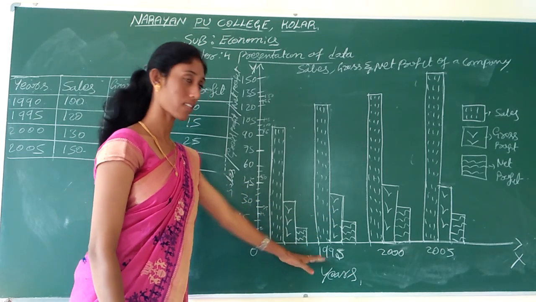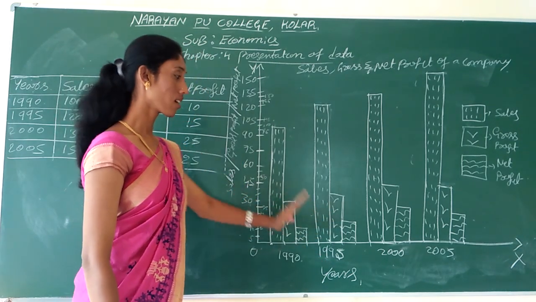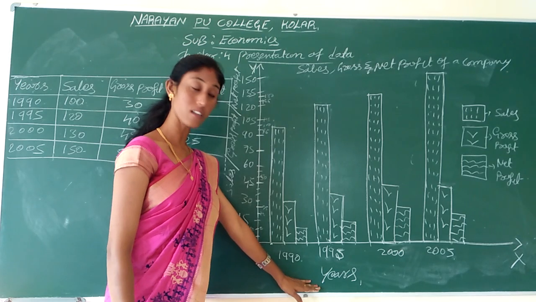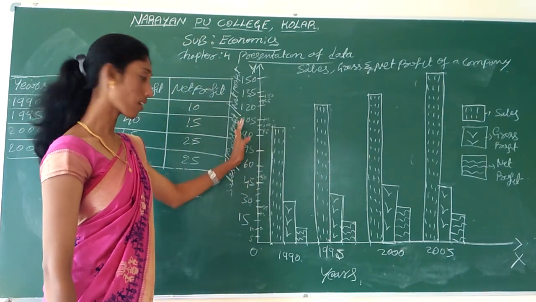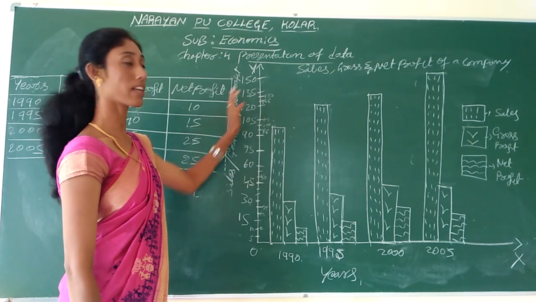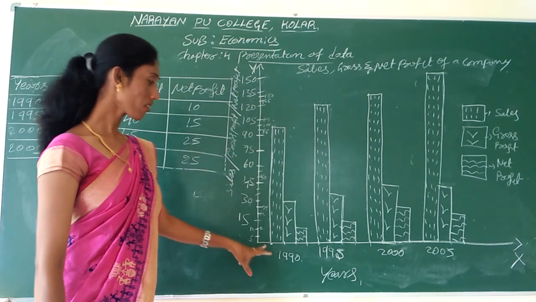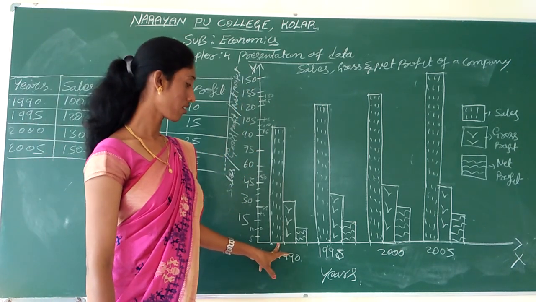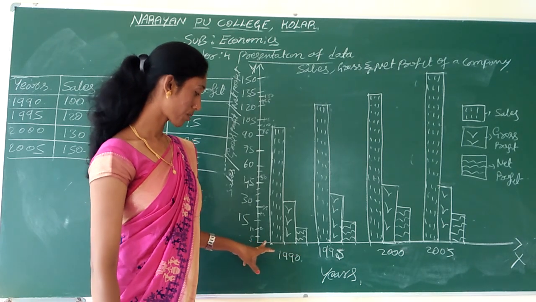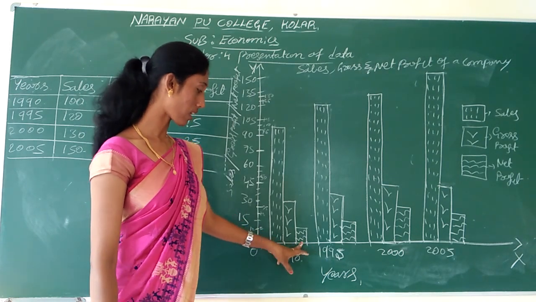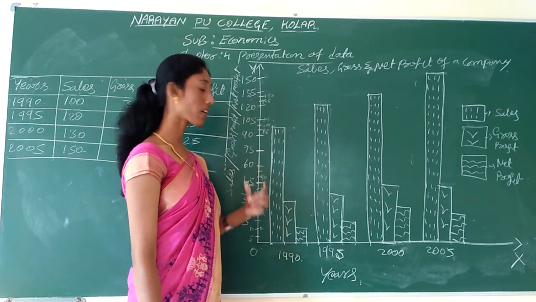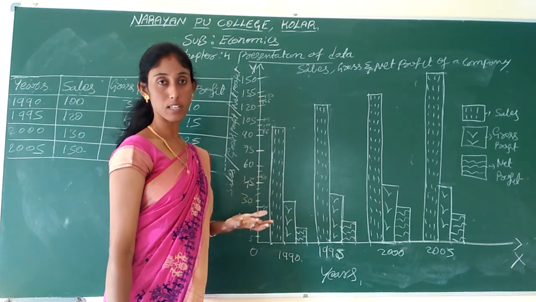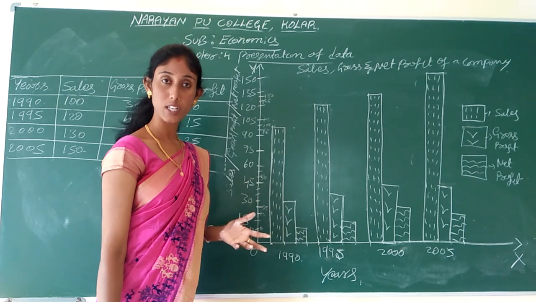First we need to draw an x-axis and y-axis. The x-axis is measuring years and the y-axis is measuring all the variables like sales, gross profit and net profit. Here the space between bars as well as the width of the bars will be the same. And however many variables there are, that many bars or rectangles we need to draw.